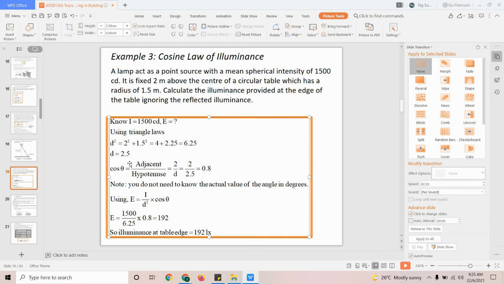You can apply this formula and get a value, and you can remove the cos theta. Okay, so with this 0.8, you can put it into this formula and solve the equation, and you'll get that the illuminance at the table edge is just 192 lux.